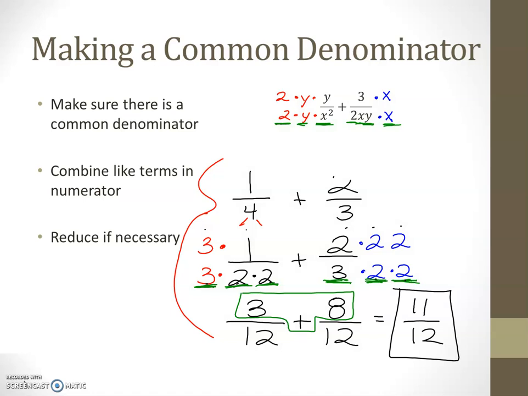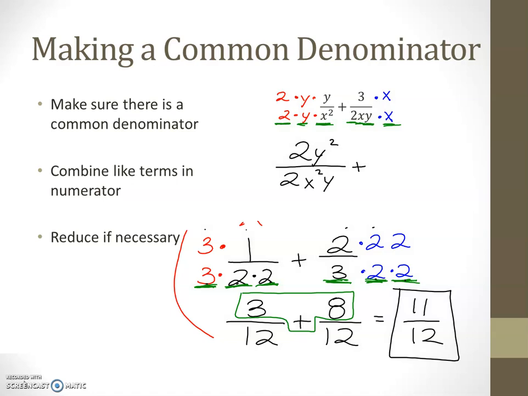Okay, so back up top then, I'm ready to go ahead and multiply these things together. So 2 times y gives me 2y squared. On the bottom, I have a 2 times y times x squared. So I could just write that 2x squared y. Plus, up top, I have a 3 times an x, which gives me 3x.